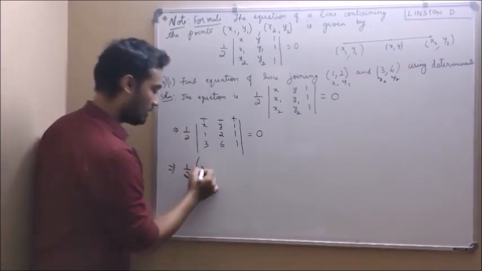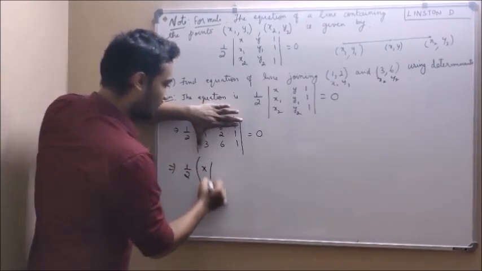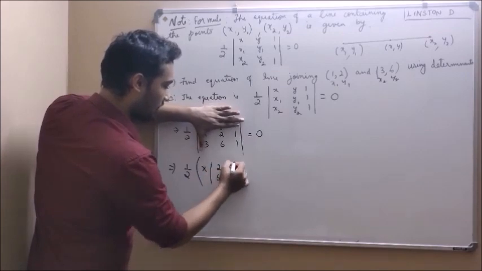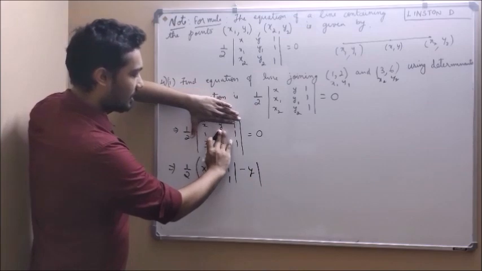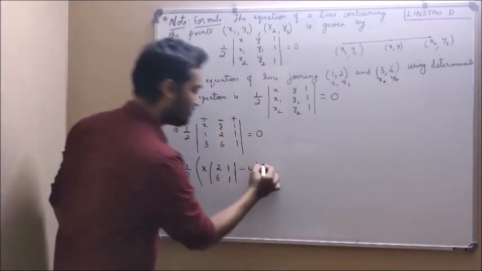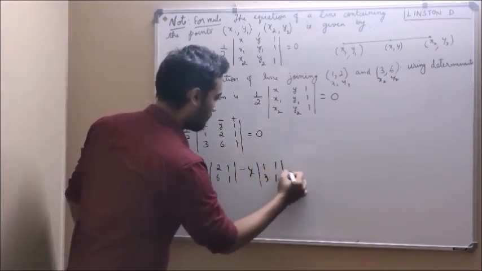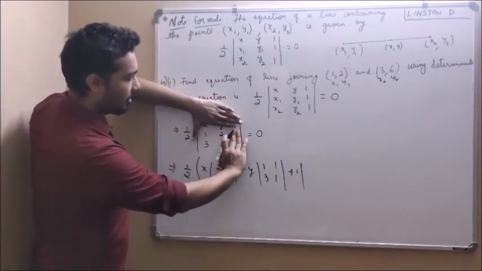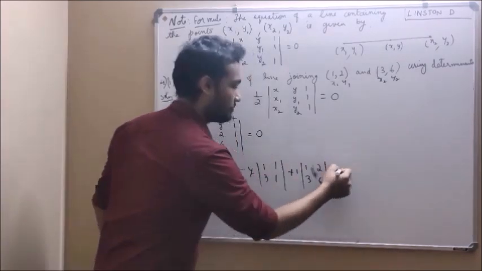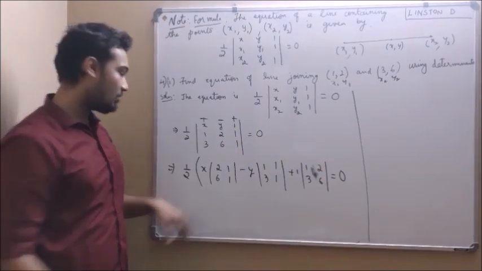Then x, cover the row and column of x, take the determinant of 2, 1, 6, 1. Then minus y, cover the row and column of y, take the determinant of the remaining 1, 3, 1, 1. Plus 1, take the determinant covering the row and column of that 1, 2, 3, 6. Now taking the determinant, what you get?